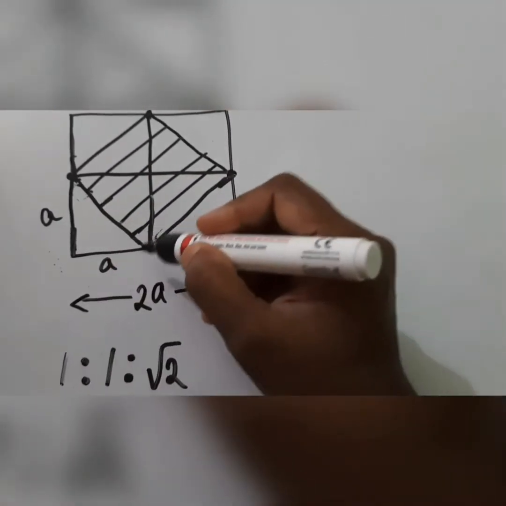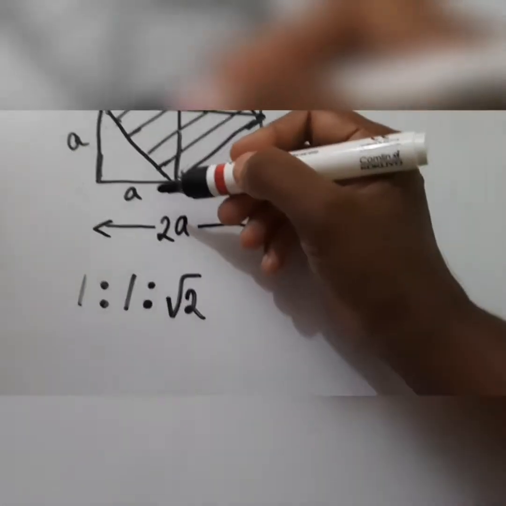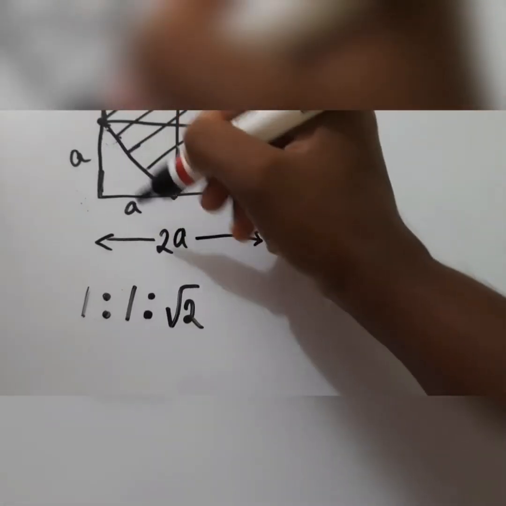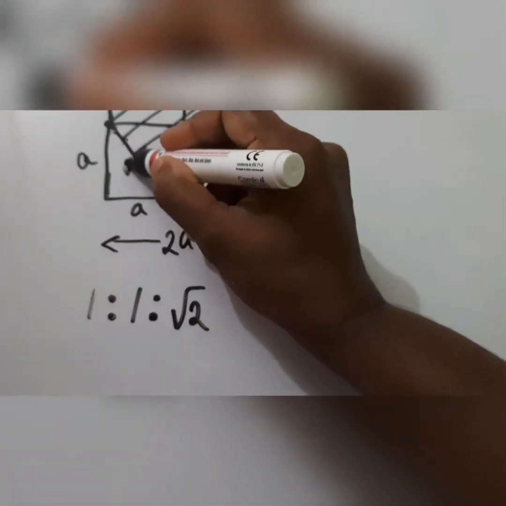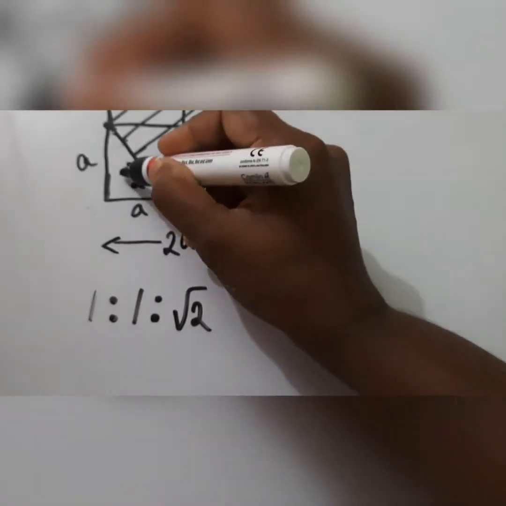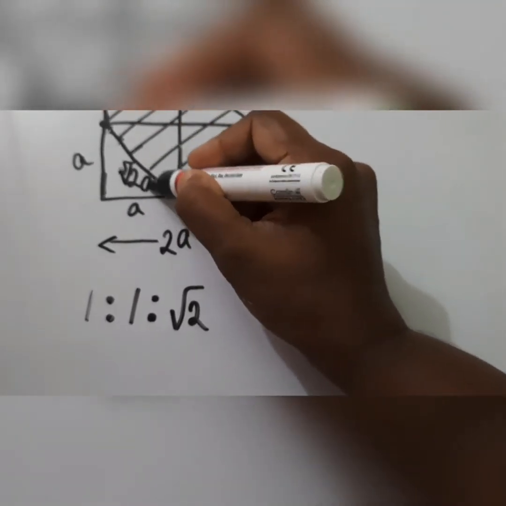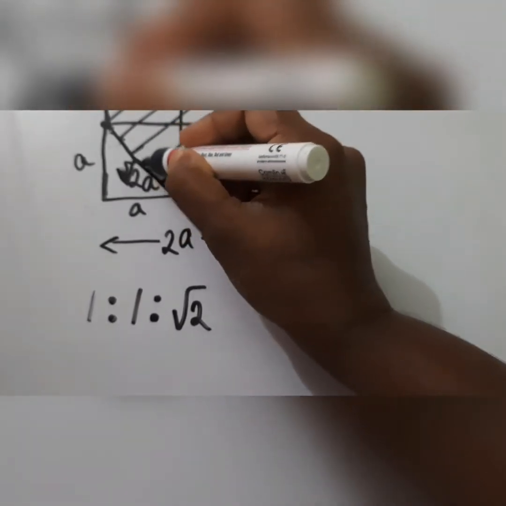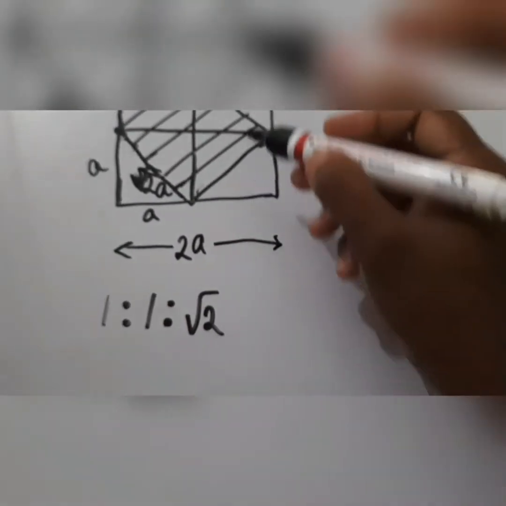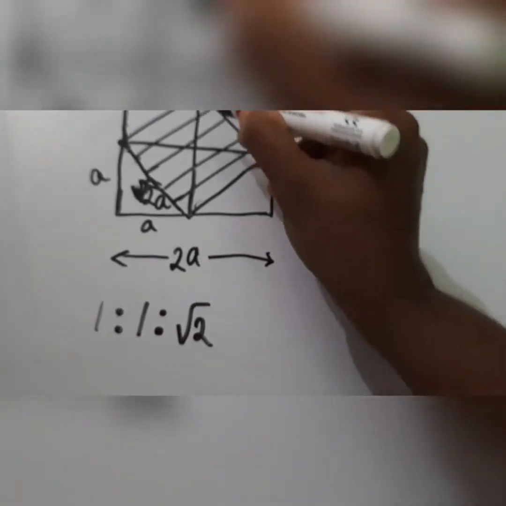So what will the side be? These will be a, so this part, the diagonal, will be √2a. That is, this side is √2a.